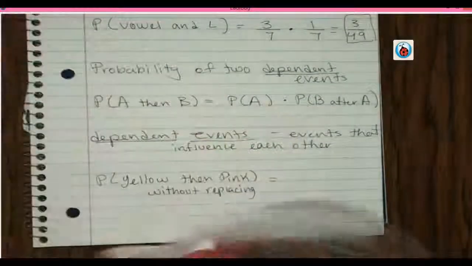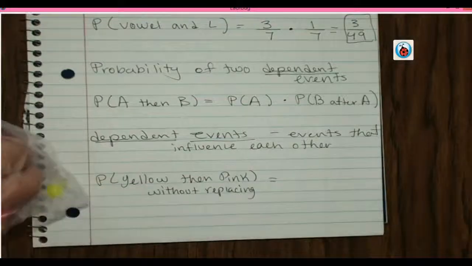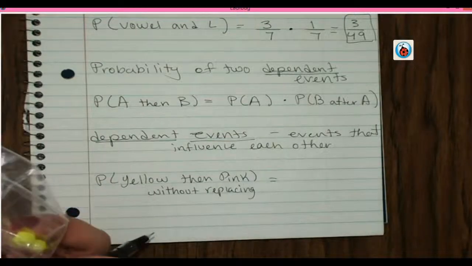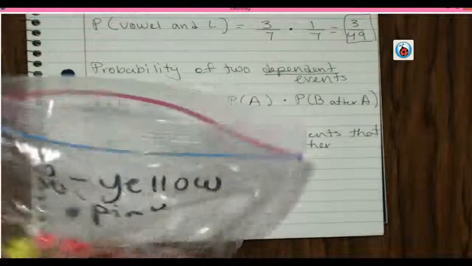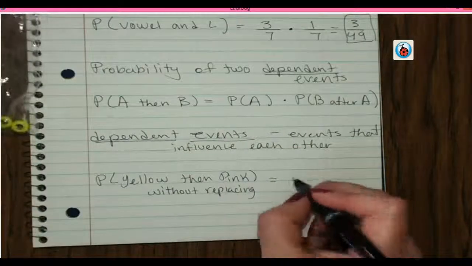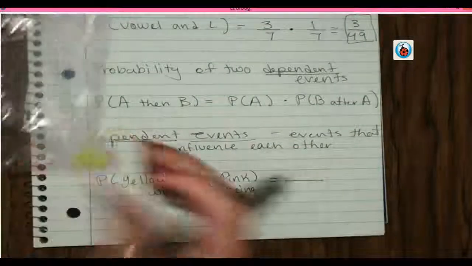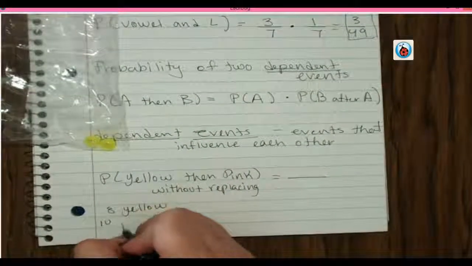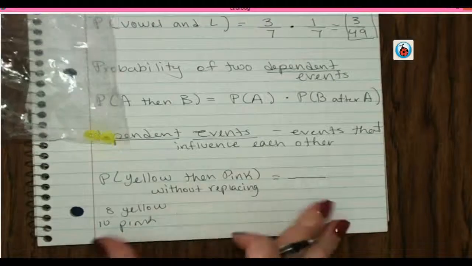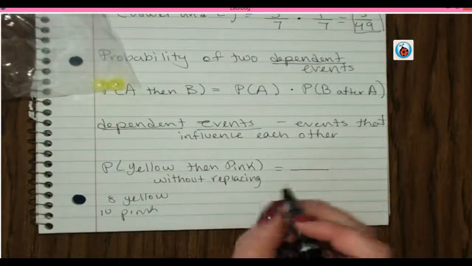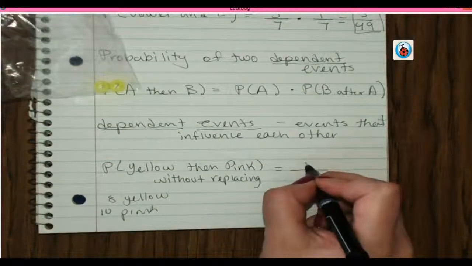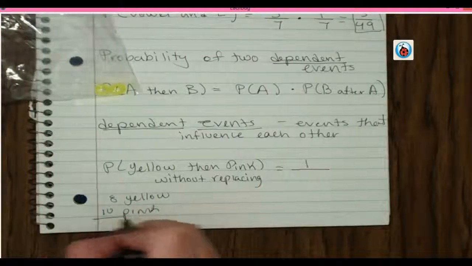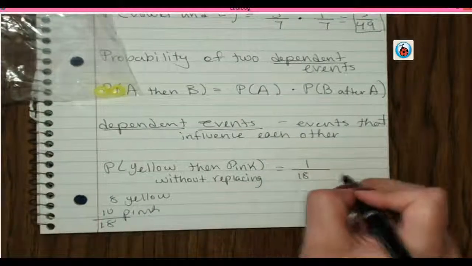So I put my hand in here and I pick one and I don't replace it. So picking the first one, picking the yellow one, I said we had 8 yellow and 10 pink. Yellow means 8 out of the total of 18.